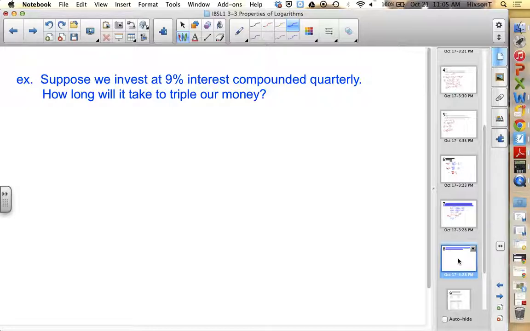So when I set up my formula, it's the principal times 1 plus 0.09 over what? Quarter. 4. 4, good. To the 4 times t power, okay?